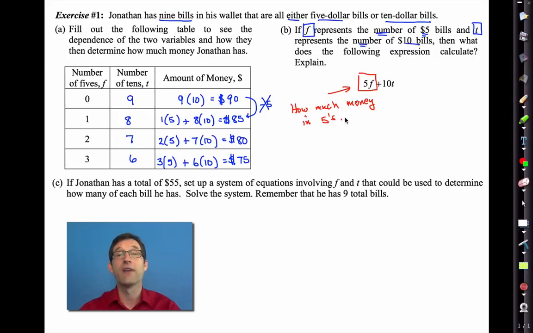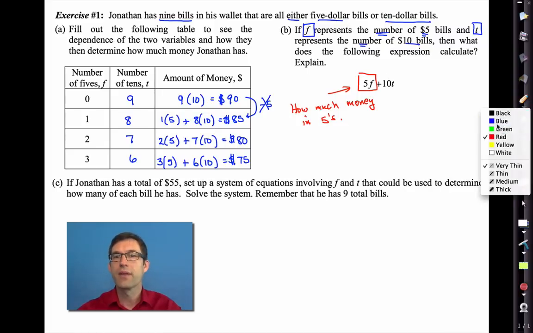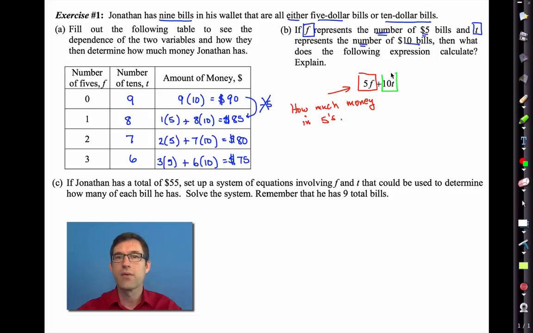Not how many 5s, but literally how much money. Think about this for a second. If f was 2, that would mean he'd have 2 $5 bills multiplied by 5, you have $10. On the other hand, if we take the number of 10s and we multiply it by 10, this is how much he has in 10s.